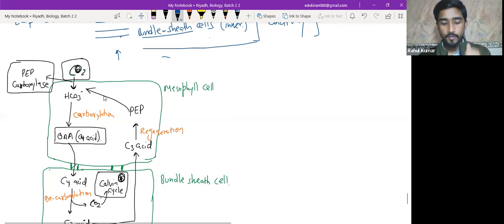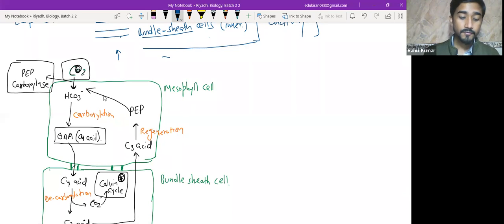So write down: C4 pathway involves 5 stages in 2 different cell types. A question can also come in the board exam: list out differences between C3 and C4 pathway. I think when I complete this part now, you will be able to do it. So write down: C4 cycle has 5 stages in 2 different cell types.